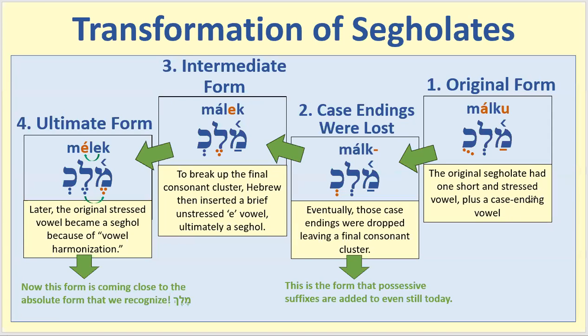Okay, so the progression from the original form of segolates all the way to what we see in the Bible works out something like this. The original form of melech was malku. It had a short stressed vowel plus a case ending.